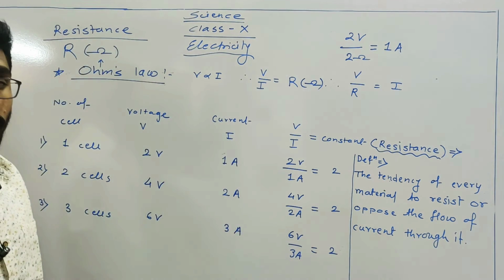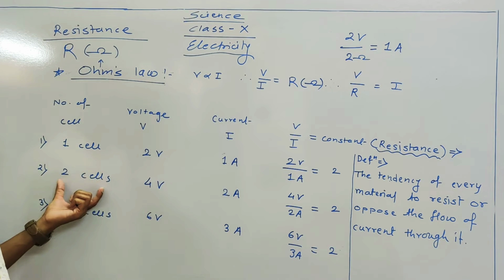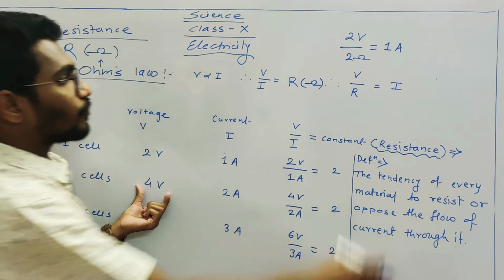Then what did you do? You increased the work done by applying more cells. Now the voltage is 4 volt.